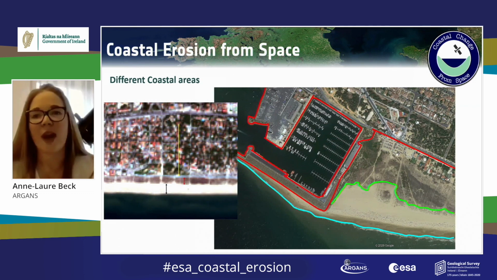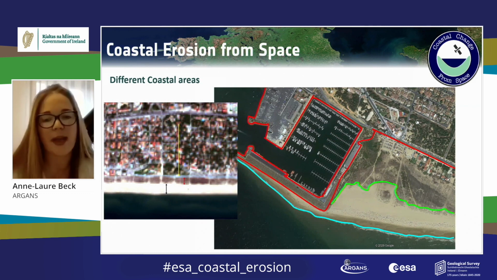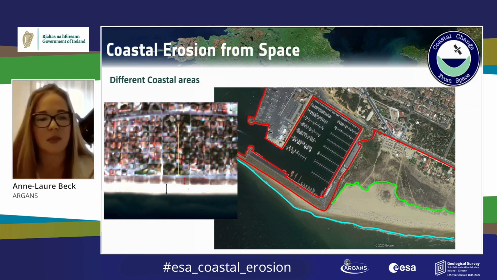Then between the red and the green line, we'll find this buffer area with some beach vegetation and dunes. And finally, between the blue and the green line, we'll find the actual littoral area with the beach, the sand, people, and this is the area where we should find the shoreline.